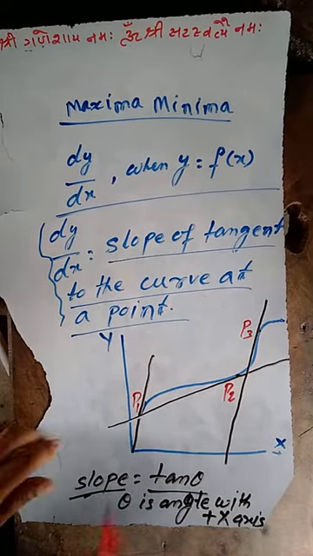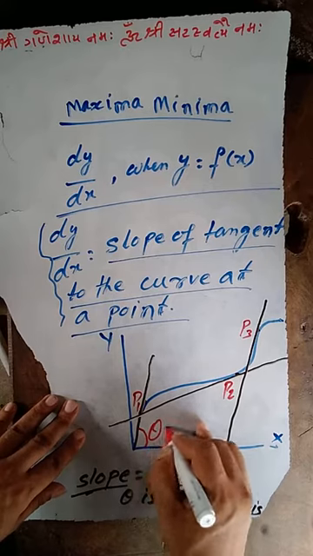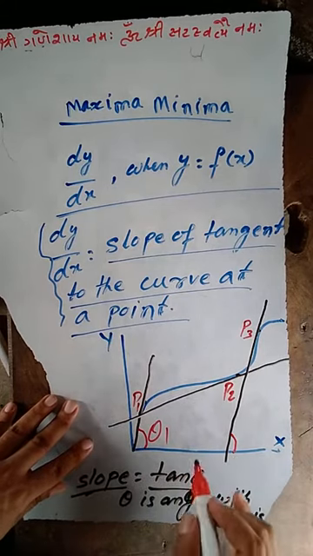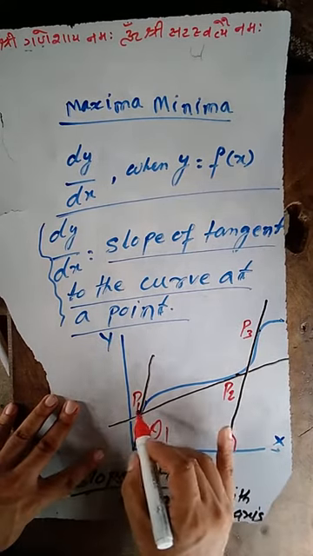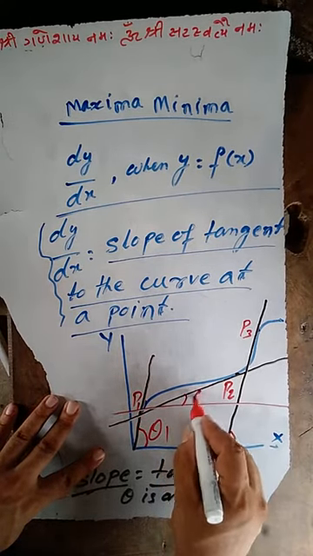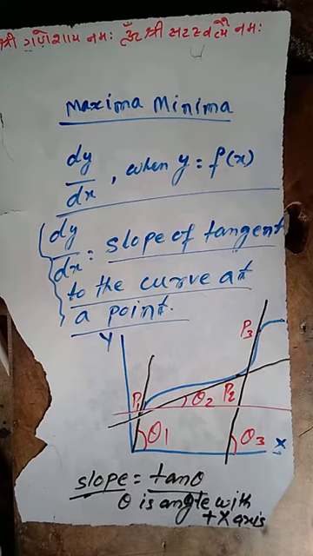At point P1, this is theta 1, this is theta 2, and this is theta 3, measured from the x-axis. Now the slope of the tangent means tan theta.